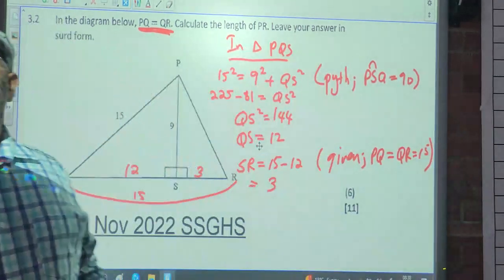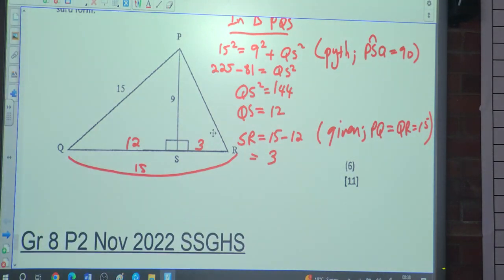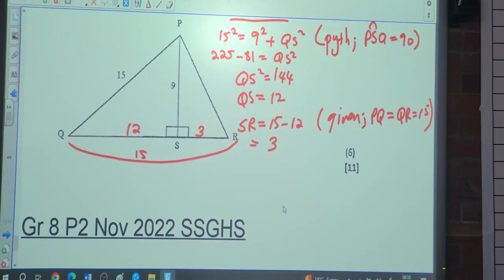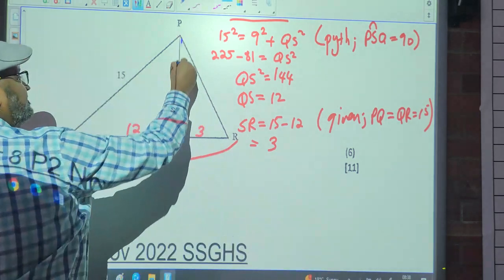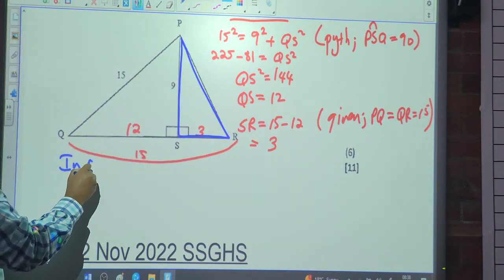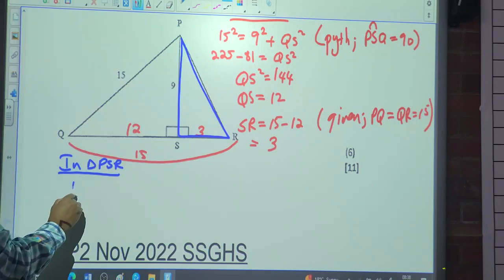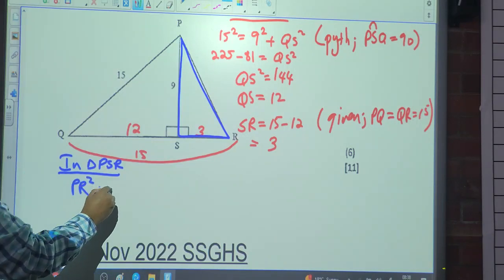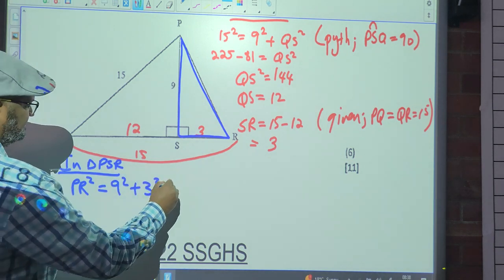Anything else? With that now I should be able to work out PR. In which triangle am I working now? In triangle PSR. I can say PR squared is equal to 9 squared plus 3 squared.